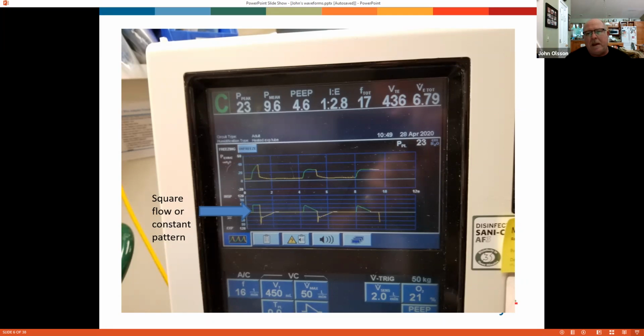The descending is the second one over there, and it delivers more gently, but it takes a bit longer. There are certain situations when you'd want to use either the square or the descending. Most of the time I use descending for most of my patients, but if I had an asthmatic where I had to deliver that flow quickly, I would use the square or the constant flow pattern.